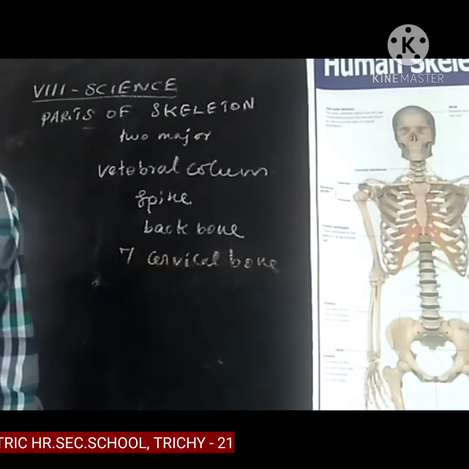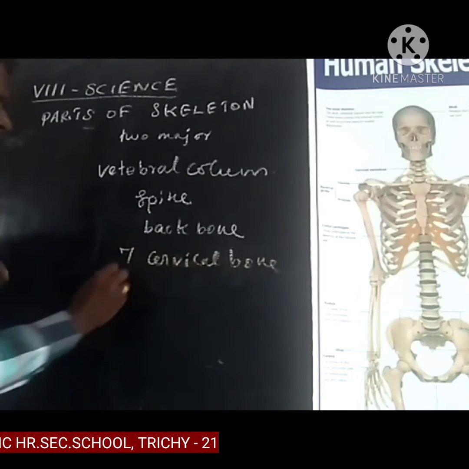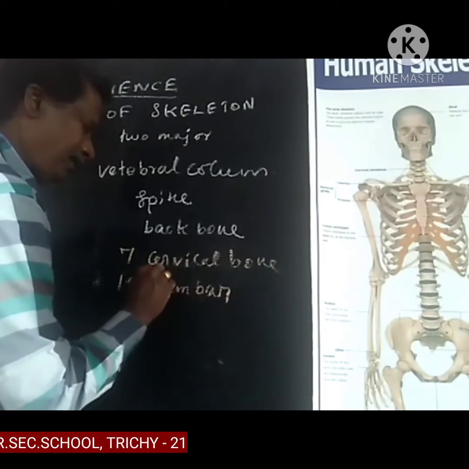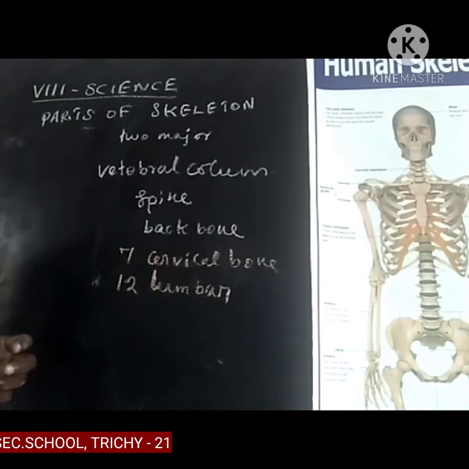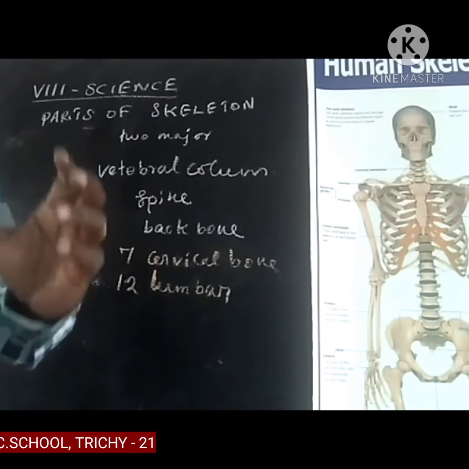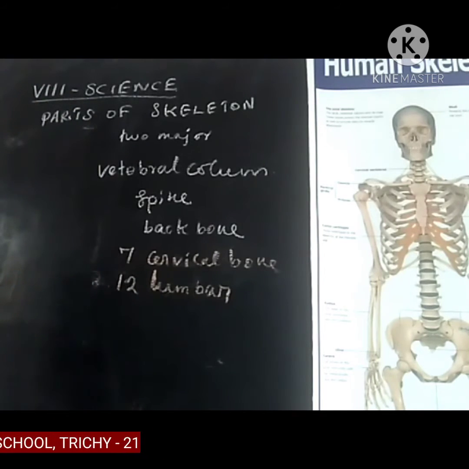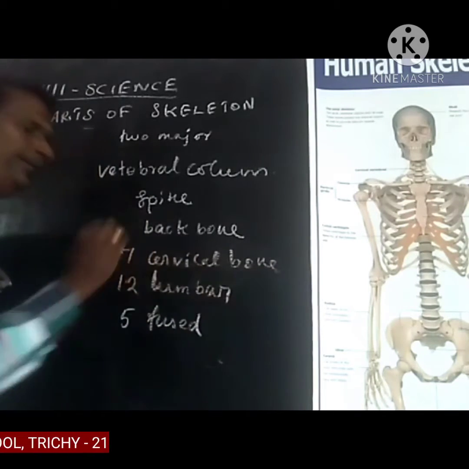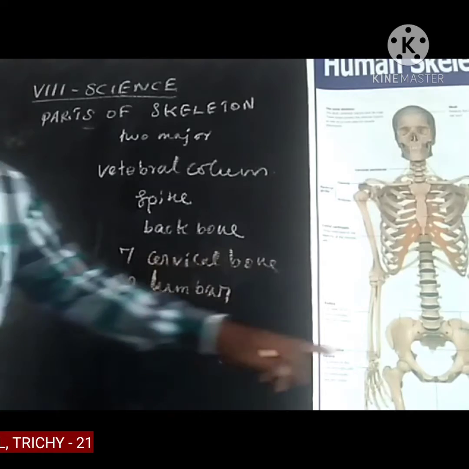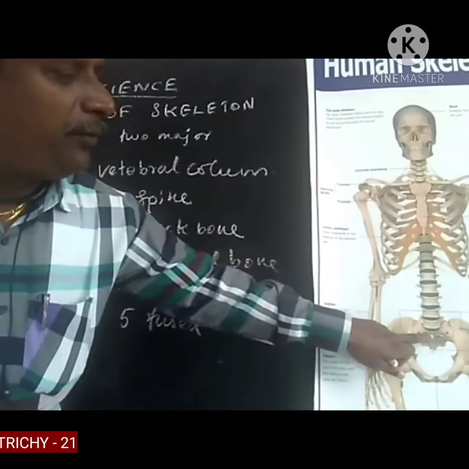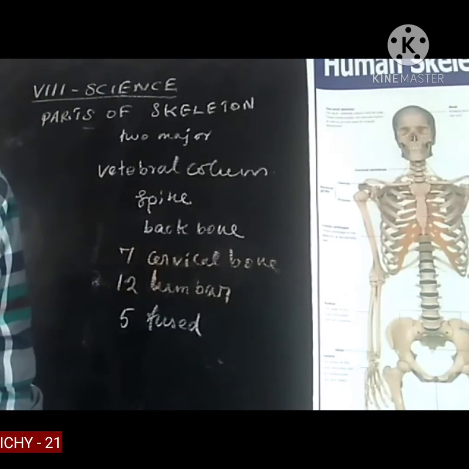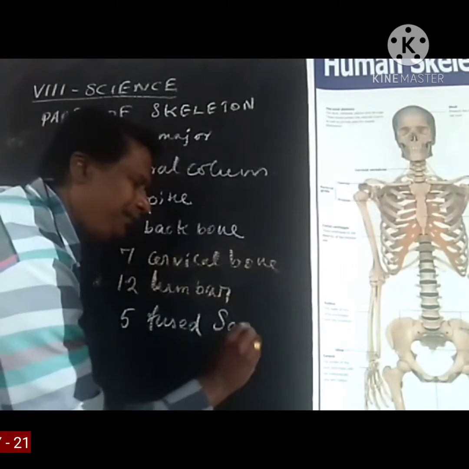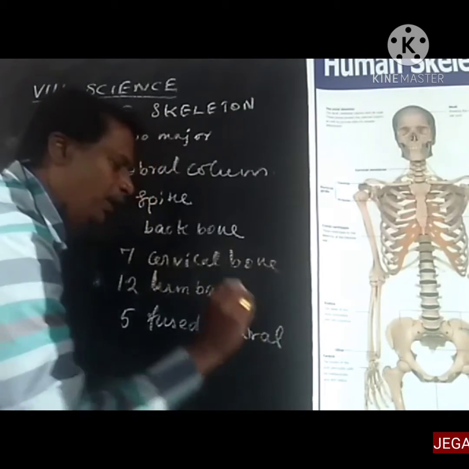Then 12 bones form the thoracic vertebrae. Then 5 fused bones in the lower region are called the sacral bone.